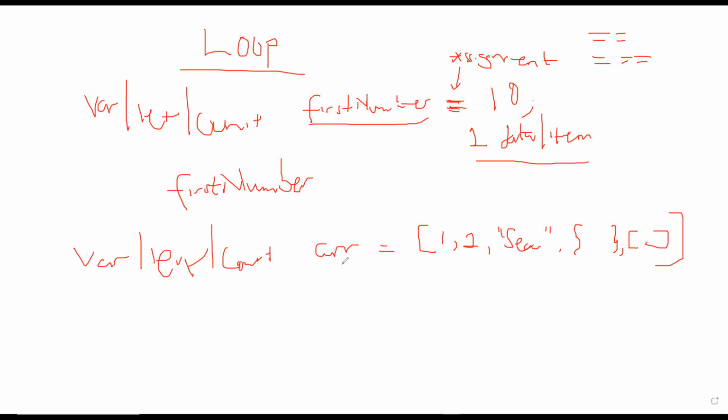And for me to call any of this data, I will use a variable name called array. This is a variable name, but something is different. Unlike the very first one where I just specified the name, there's no postfix there. But in an array, I need to indicate a postfix, which is a square bracket, and I will specify the position, called the index, and the starting point is 0.